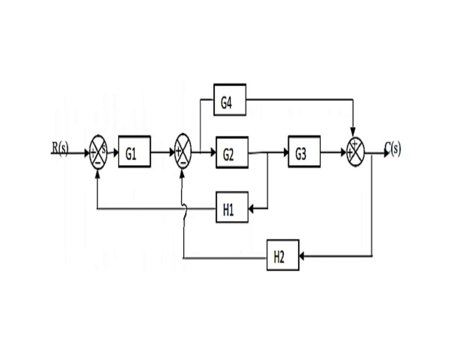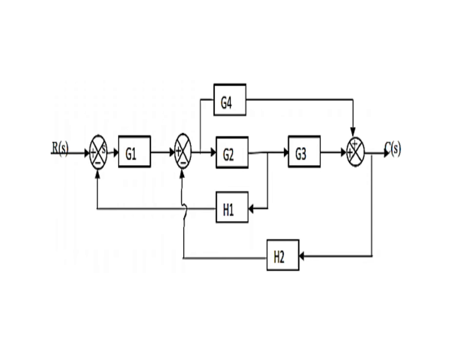Both are not connected in cascade, because in between you have a takeoff point, taking H1 from there. So you have to move this takeoff point either before G2 or after G3. Whichever is convenient, you can move it. It's not a constant rule that you have to move only before G2 or only after G3.